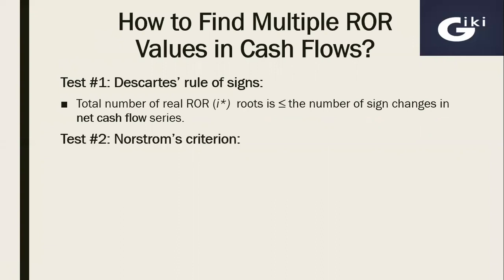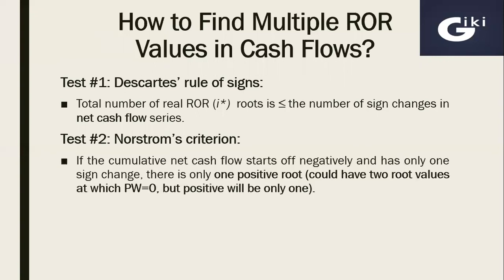The second one is Norstrom's criterion. It says that if the cumulative net cash flow starts off negatively and has only one sign change, there is only one positive root. There could be two root values at which present worth is equal to 0, but the positive one will only be one, the other will be negative.